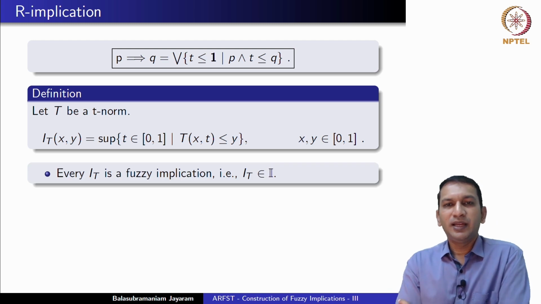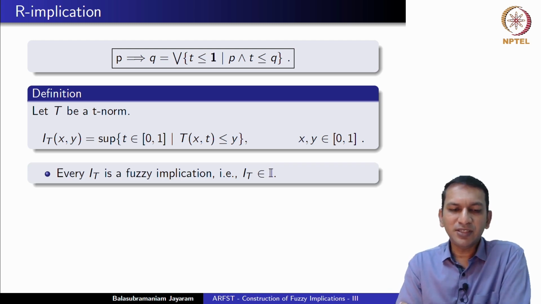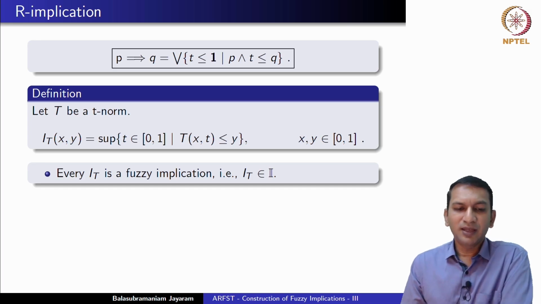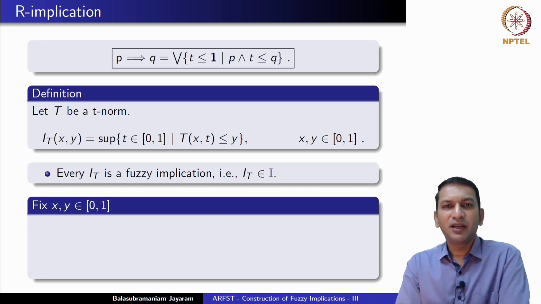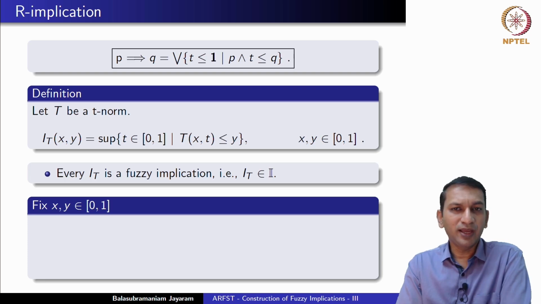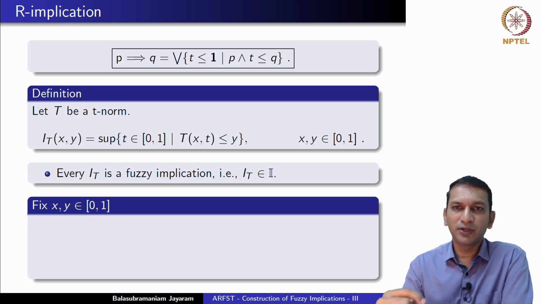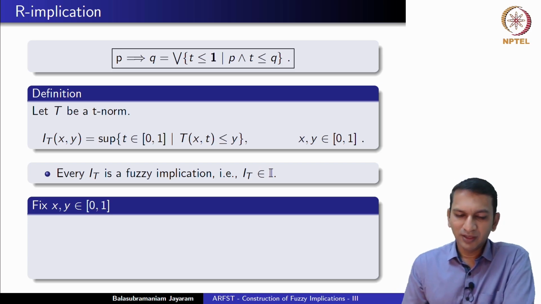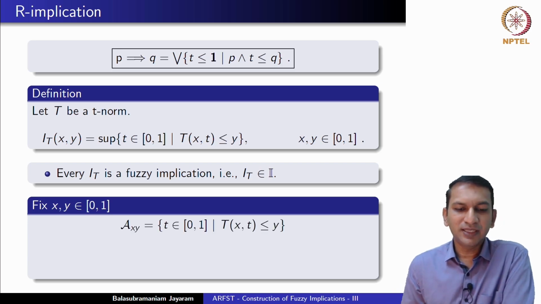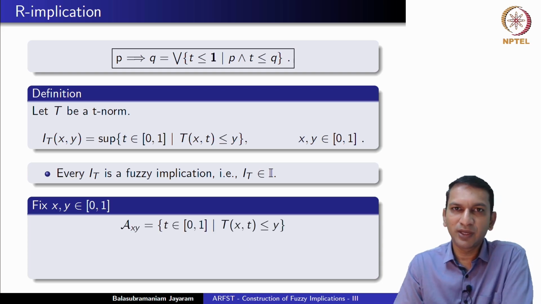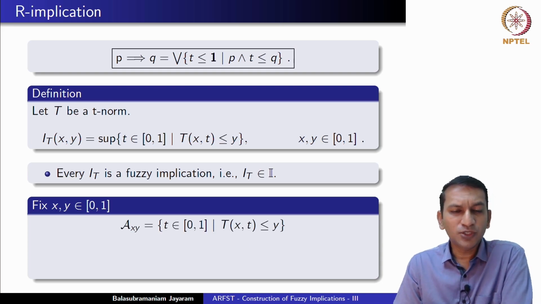Now, it can be shown that every such function is in fact a fuzzy implication. In the last lecture, we have seen that if you fix an x and y from [0,1], then the implication itself can be decoded into a simpler form. You can look at the set A_xy for this fixed pair x,y from [0,1].